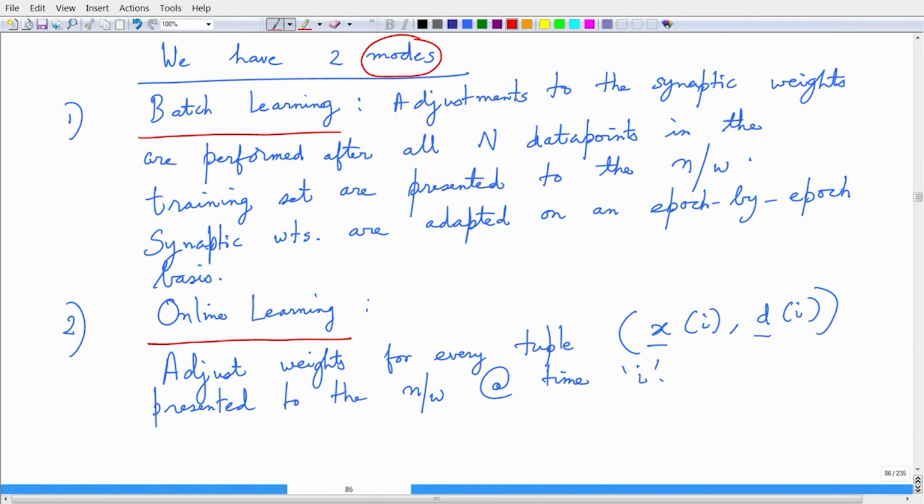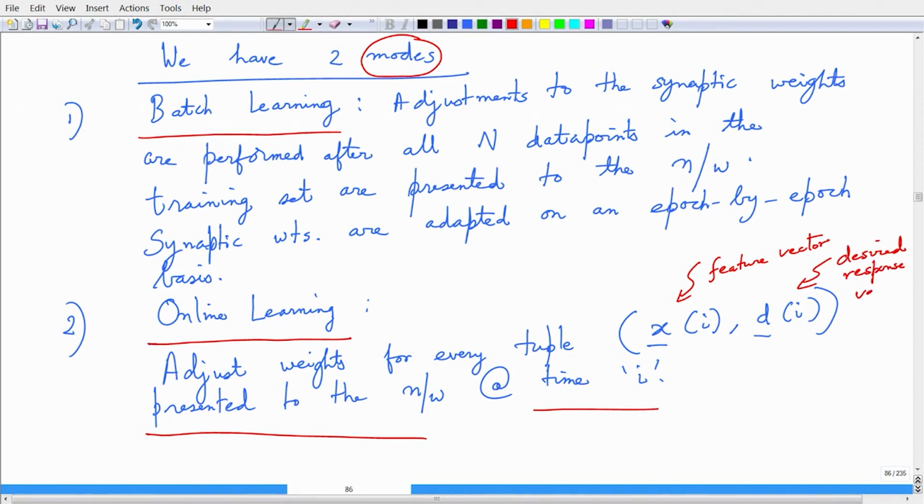In online learning we adjust the weights for every tuple x_i and d_i presented to the network at time instant i. So, this is the feature vector that is presented to the network, and this is the desired response. I will call this a vector because it will have different coordinates.